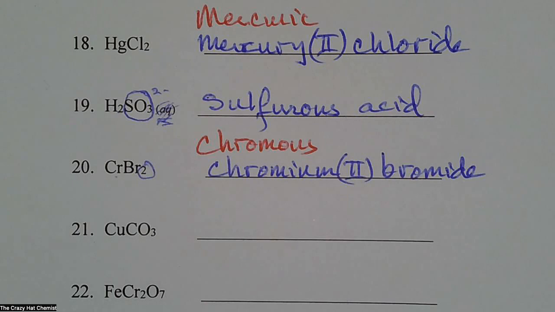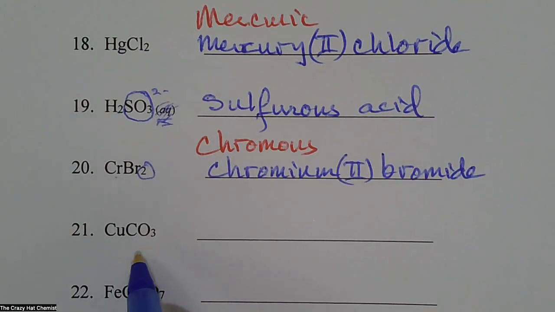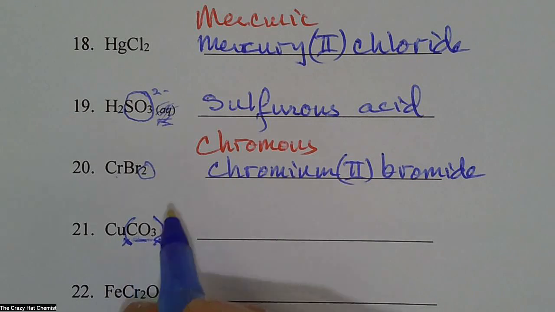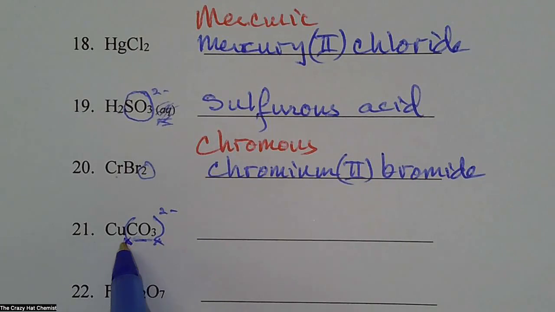Alrighty, so this next one here is CuCO3, and what we need to do is we need to have the number here and the number here. There's actually a parentheses around every polyatomic ion, and this CO3 is carbonate, and carbonate has a 2- charge. So in order to have these numbers reduced, that means that this must also be a 2+ charge.